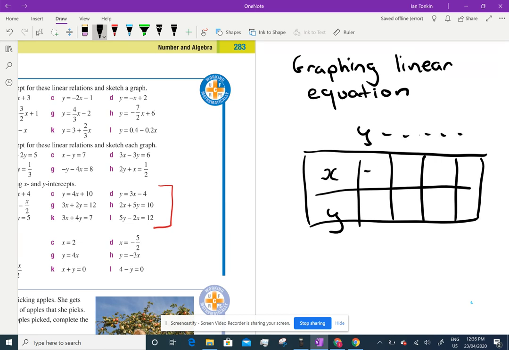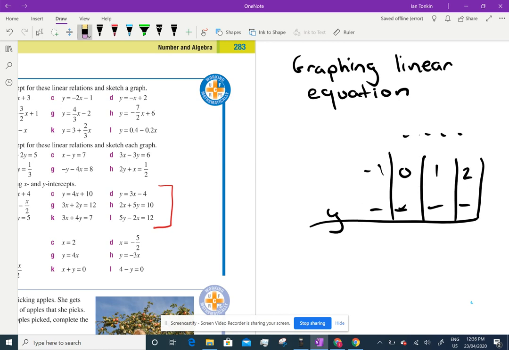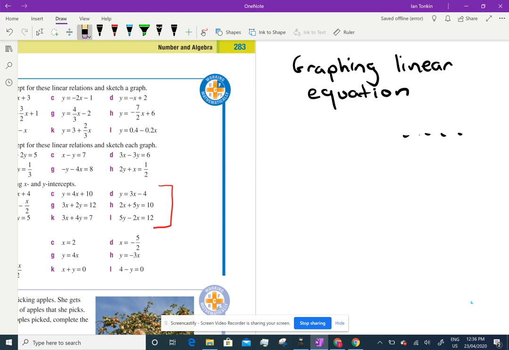You pick the x values, and then you get the y values, whatever they are, along here. And there you go, you plot those points. I would prefer if we didn't do it that way. I would prefer that if we wrote our x and y and went down the page, because then when we plot them, we're going to get a set of coordinates.